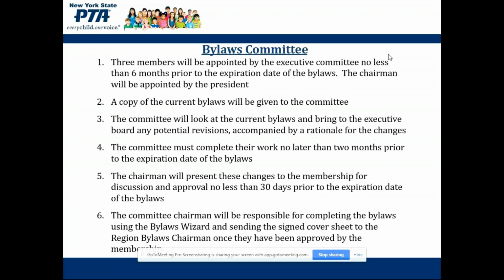Number 3, the committee will look at the current bylaws and bring to the executive board any potential revisions accompanied by a rationale for the changes. So let's say they decided that they really believe that right now you have a president and they feel that co-presidents would be a better choice.